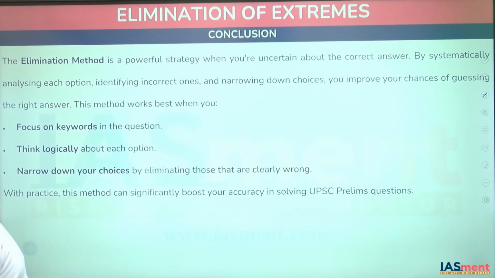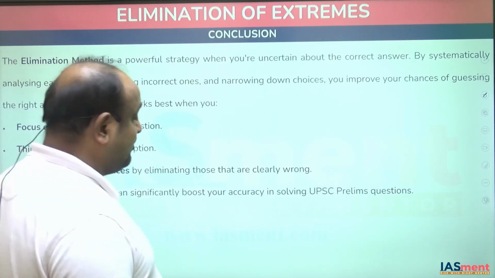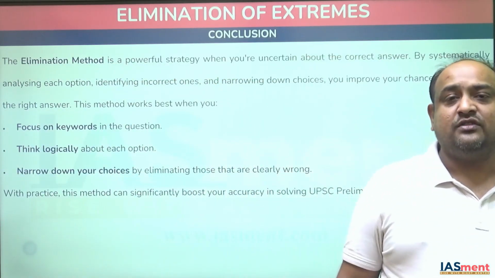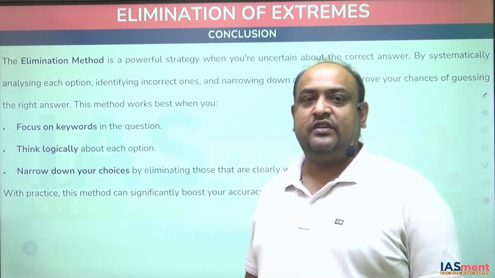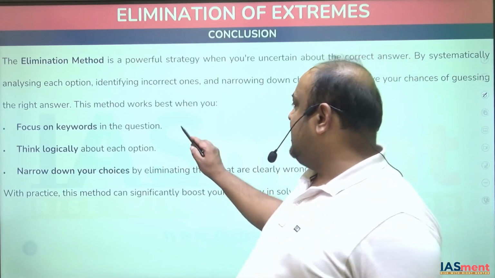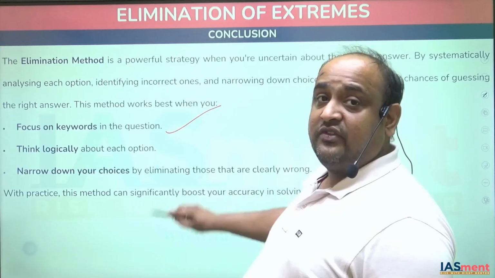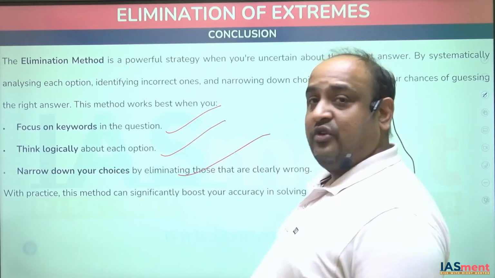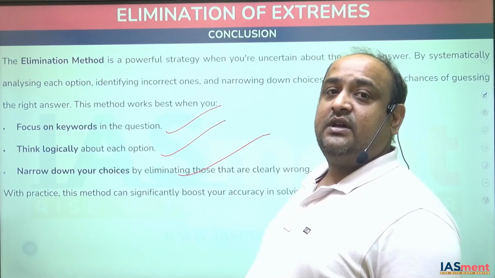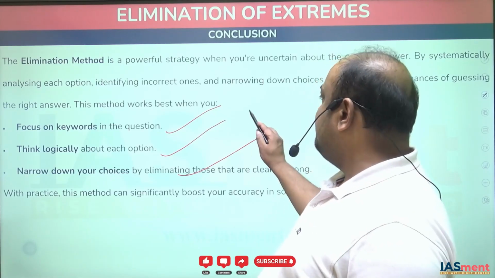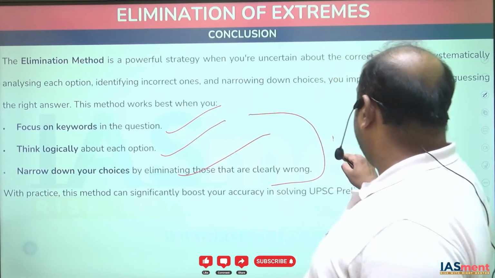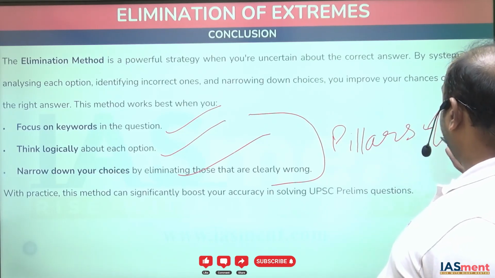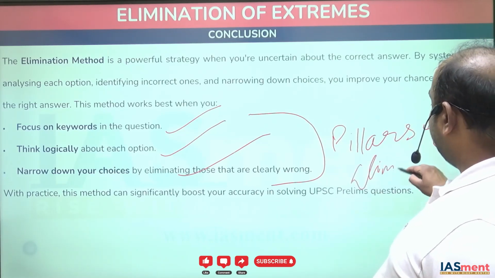With practice, this method can significantly boost your accuracy in solving UPSC Prelims questions. यानी कि focus on keywords, think logically, narrow down your choices. These are the three main pillars of elimination technique.